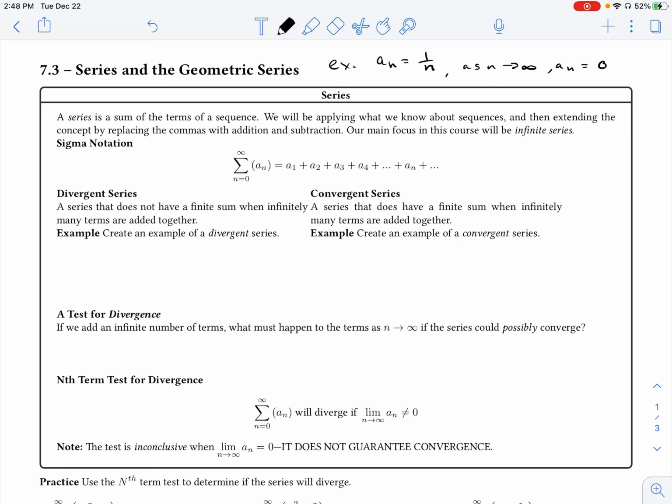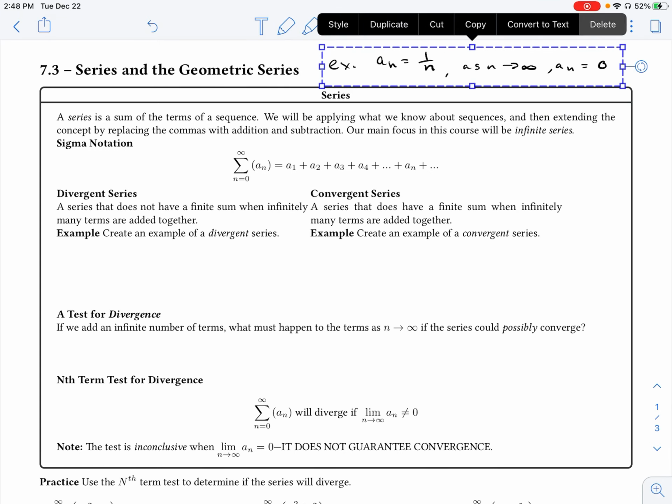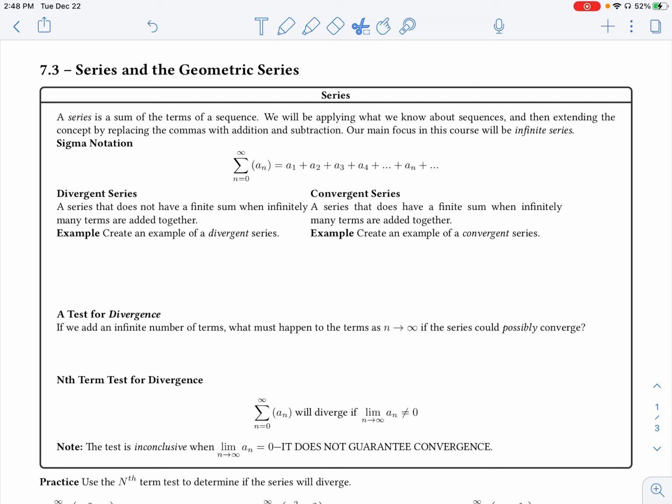Now we're talking about series. And a series is simply a sum of a sequence. It just means that instead of simply having a list of numbers, we are adding up all the terms of our sequence. We should have discussed this a bit in pre-calculus, but our primary focus in this course is to actually work with infinite series.